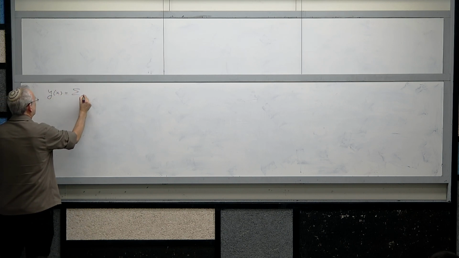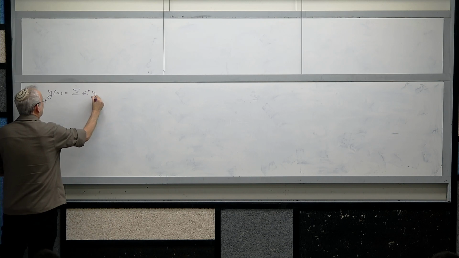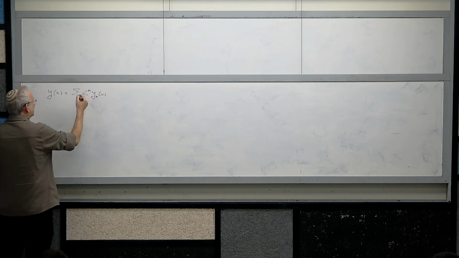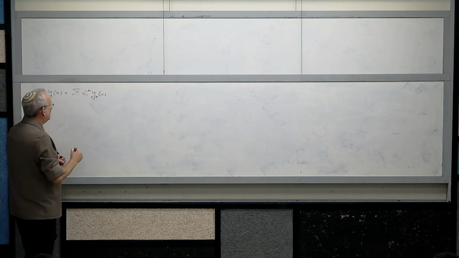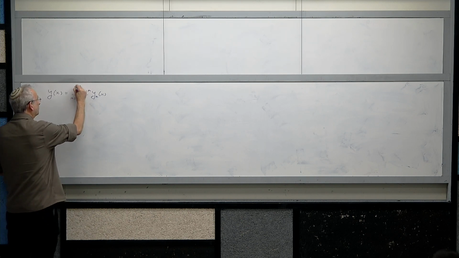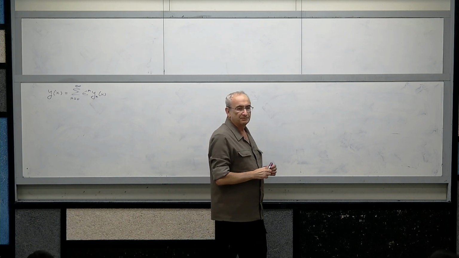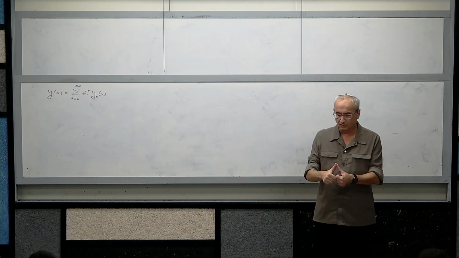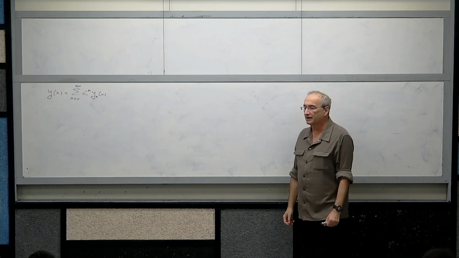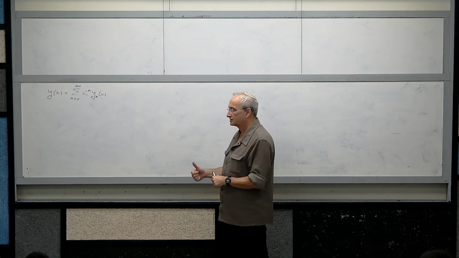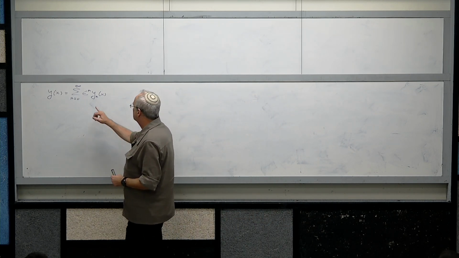Then we write y of x as a sum of epsilon to the power of n y n of x, from n equals 0 to infinity or whatever, and calculate things order by order in epsilon. So it's not like in local analysis, taking the distance from x to x naught as a small parameter. Instead, we are taking epsilon to be the small parameter.